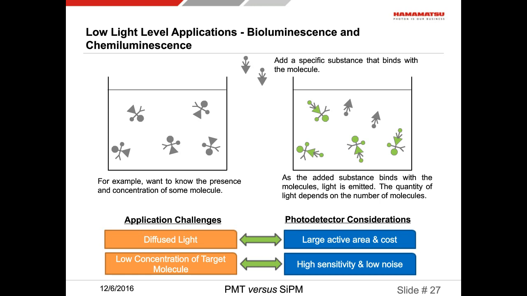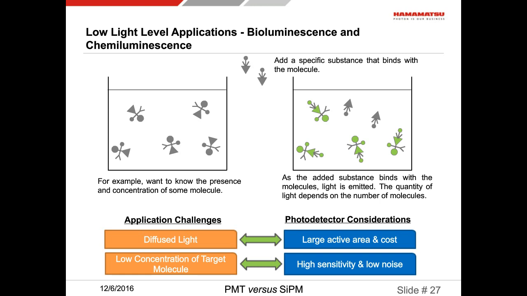The concentration of compound is very low. One possibility is to put another compound, let's say compound B, which binds with my compound A, and as a result of binding, light is emitted. The emitted light is in all directions, therefore it's diffuse, and there's very little of it.